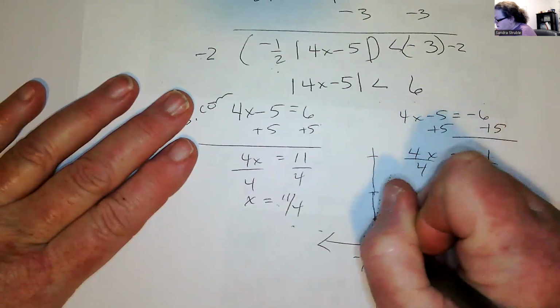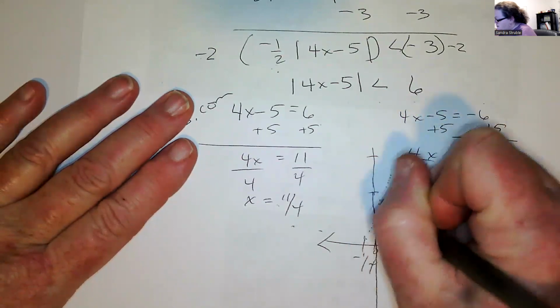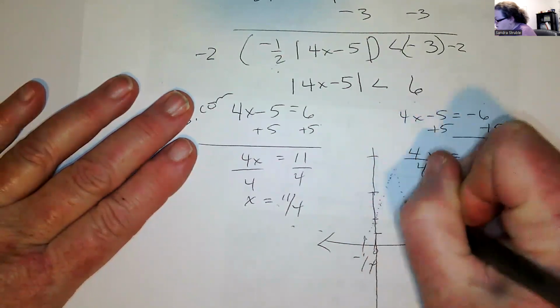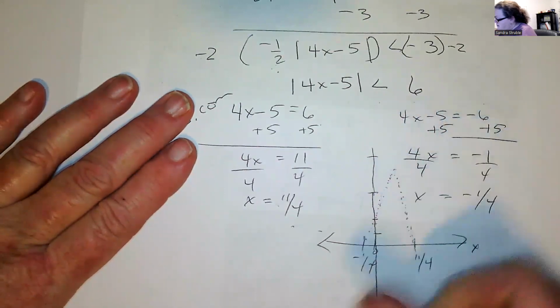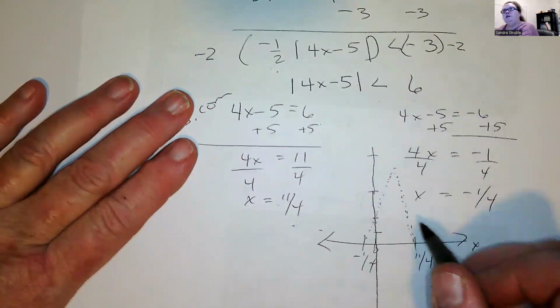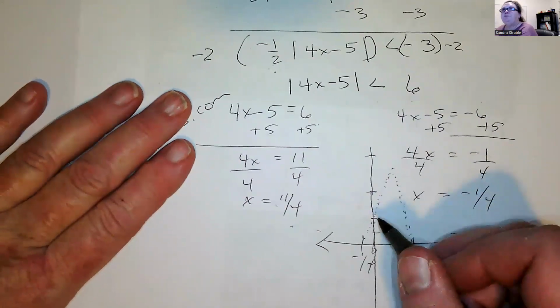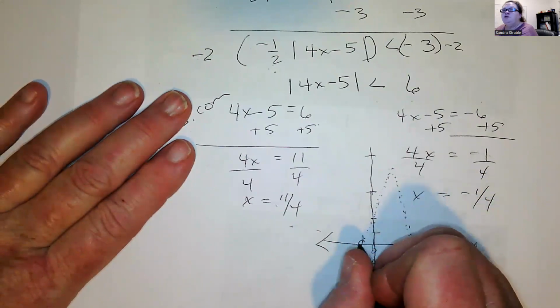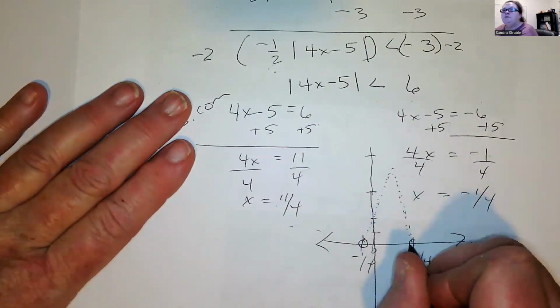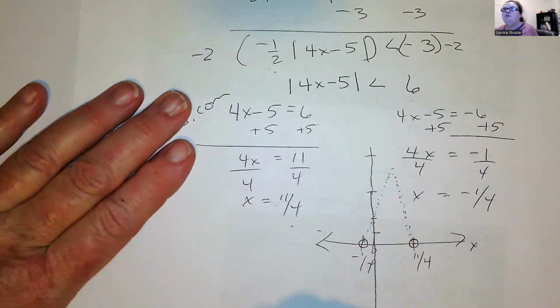If you put this in Desmos, you will see that it's going to look more like this. I put dotted here because it's not included. I'm also going to put circles around these because they are not included either.